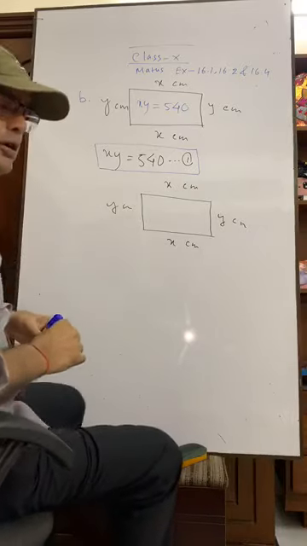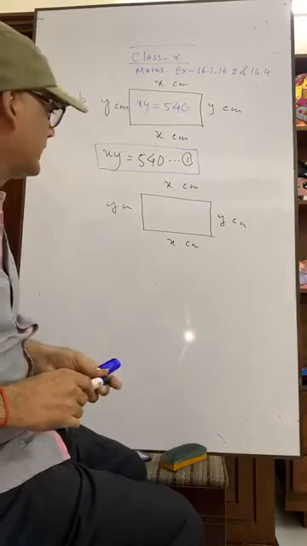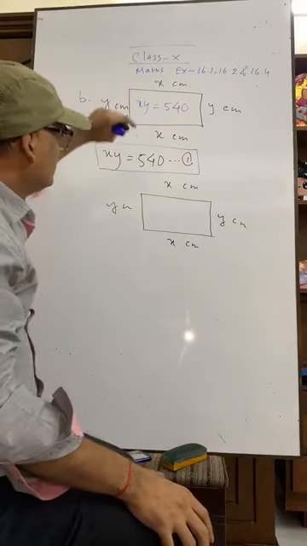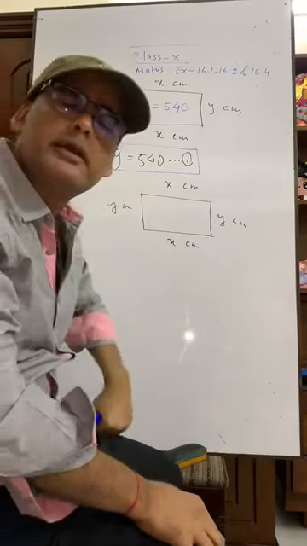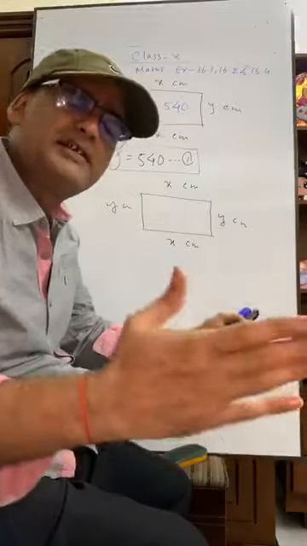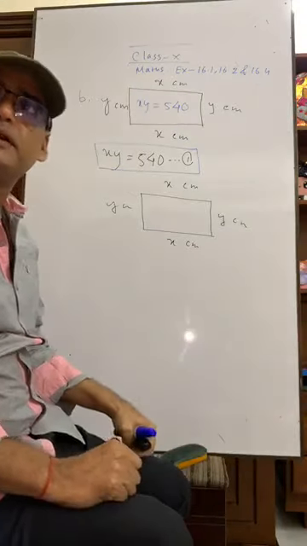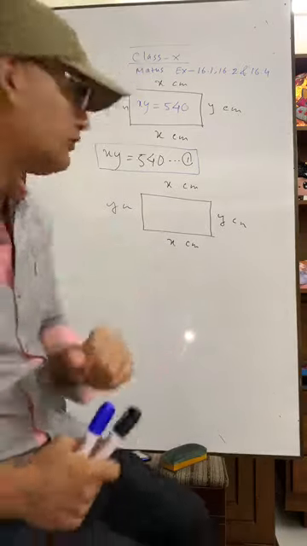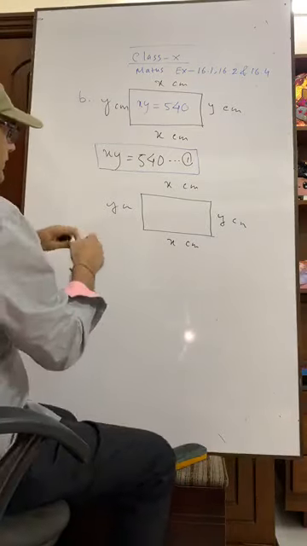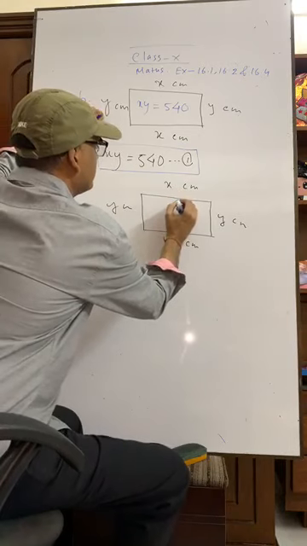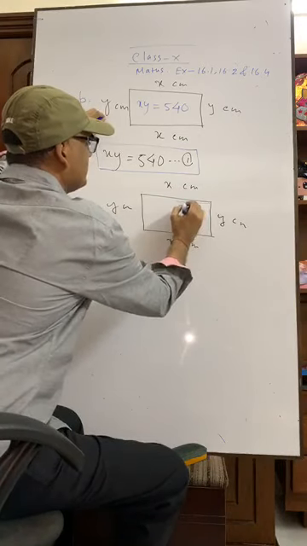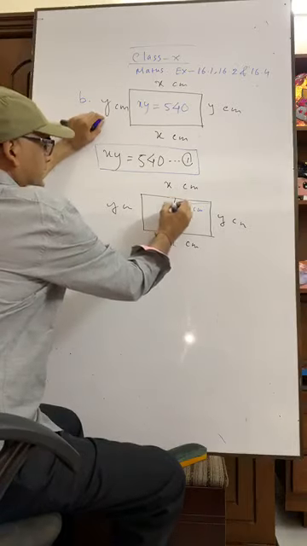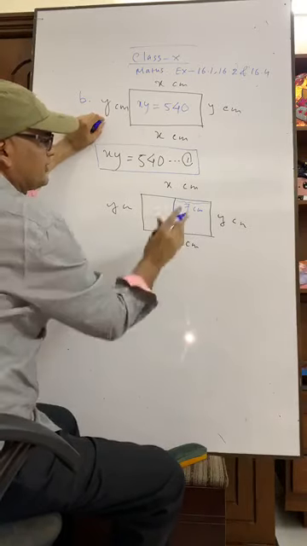It is told that if the length of the rectangle is decreased by 7 centimeter, what is meant by this? The length of the rectangle is decreased by 7 centimeter. It means, suppose this part is 7 centimeter. This is 7 centimeter.